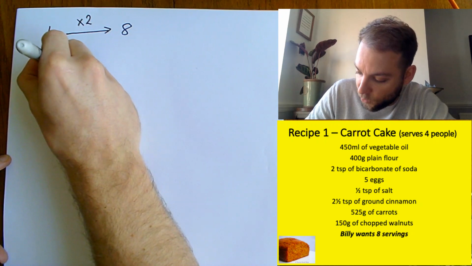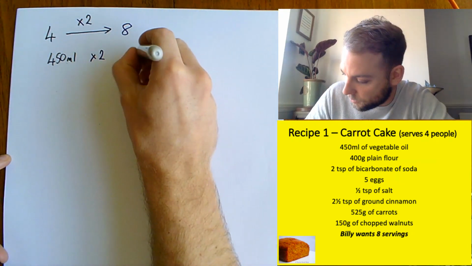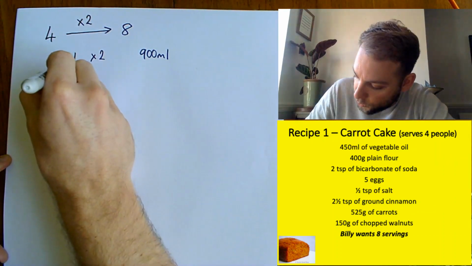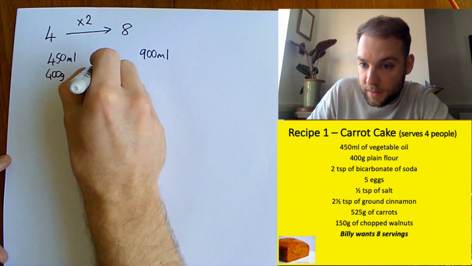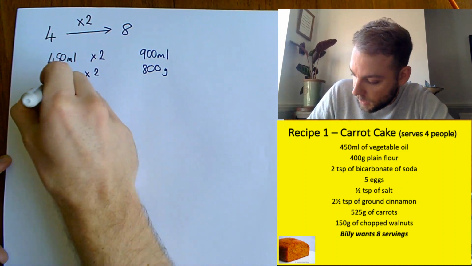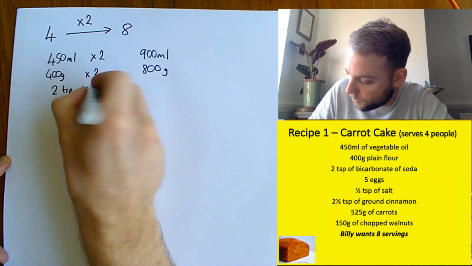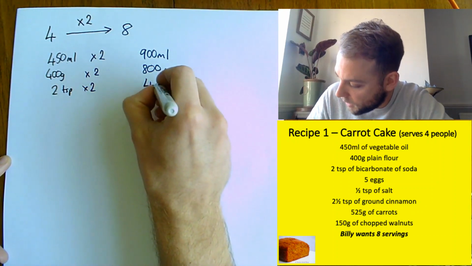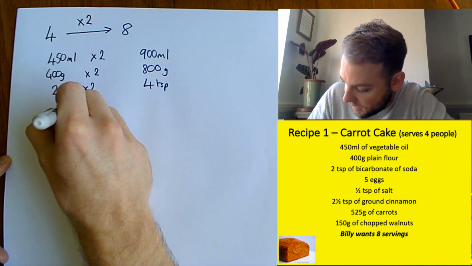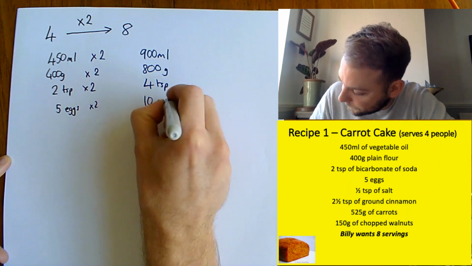So it's going to be 450 millilitres times by 2, which is equal to 900 millilitres. 400 grams times by 2, which is equal to 800 grams. 2 tablespoons, that's what TSP stands for, of bicarbonate soda times by 2, which is equal to 4 tablespoons. 5 eggs times by 2 is going to be 10 eggs.